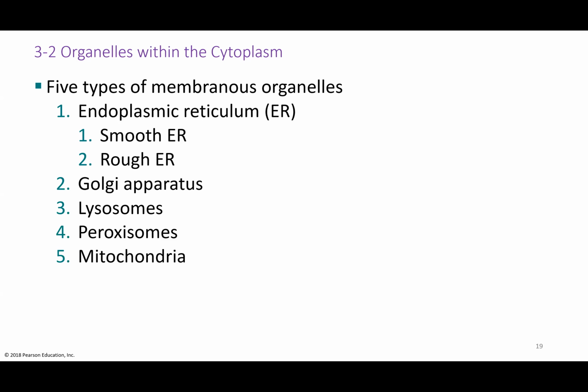We are going to talk about each of these separately, and you will need to know these organelles and their functions, because you will have one picture to identify structures that we talked about at the beginning of this lecture.